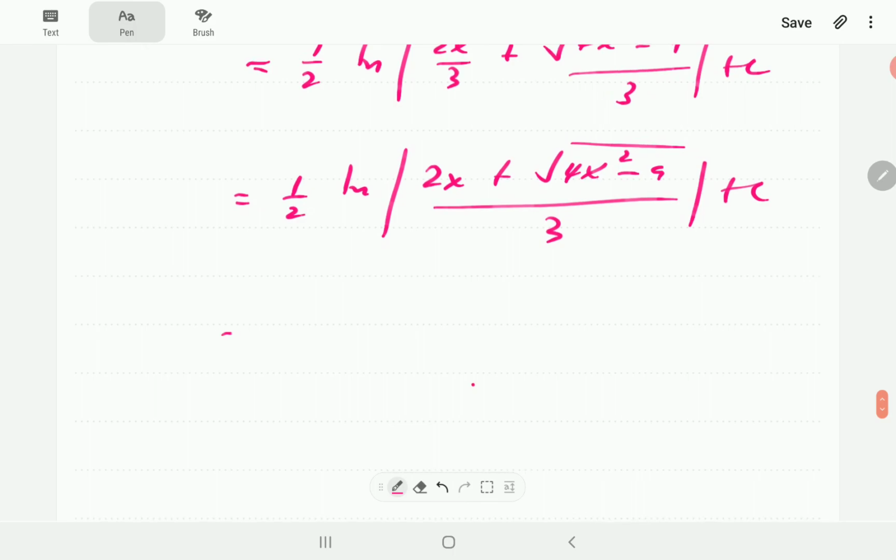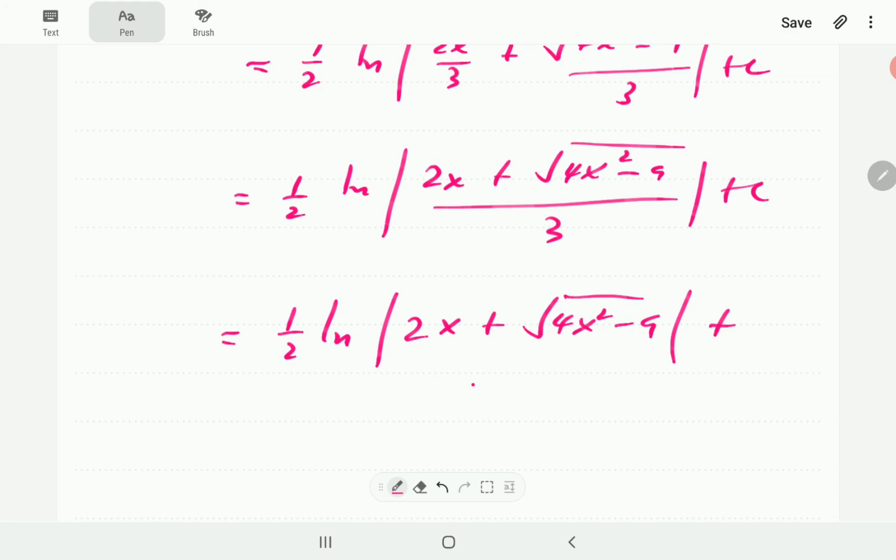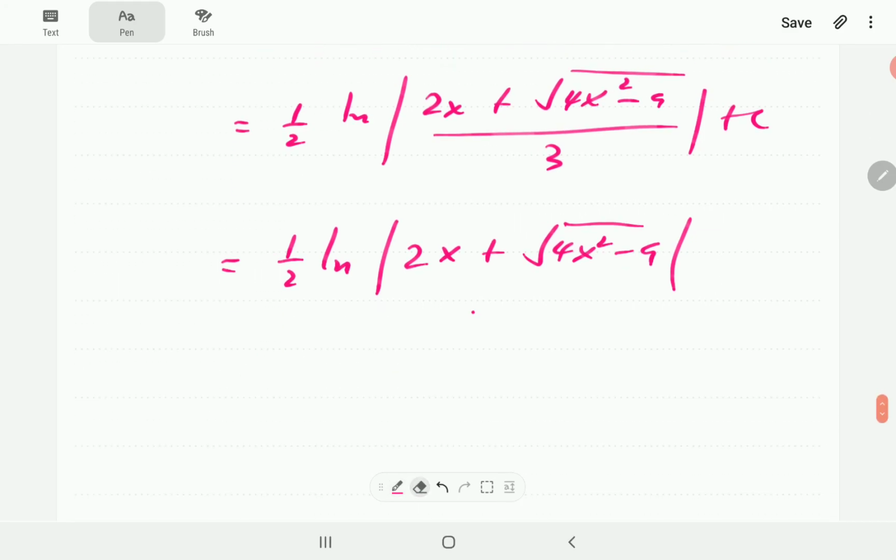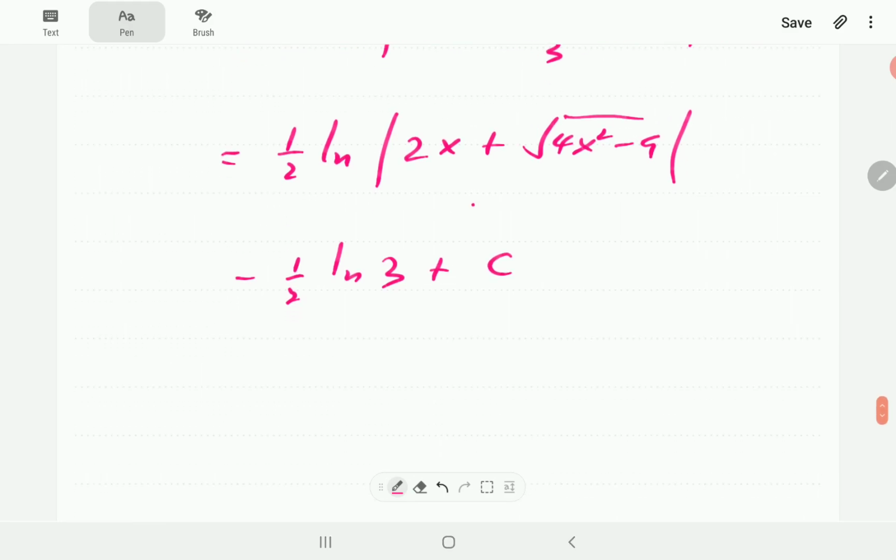By properties of logs, we can write this as 1/2 ln of 2x plus square root of 4x squared minus 9, minus 1/2 ln 3, then plus c.